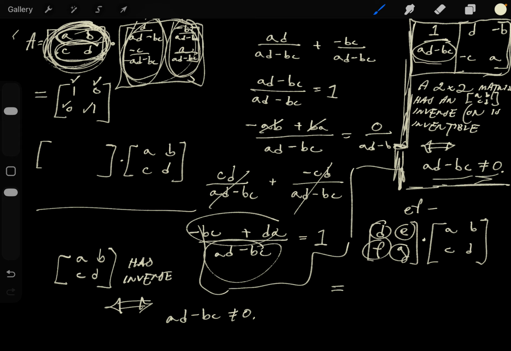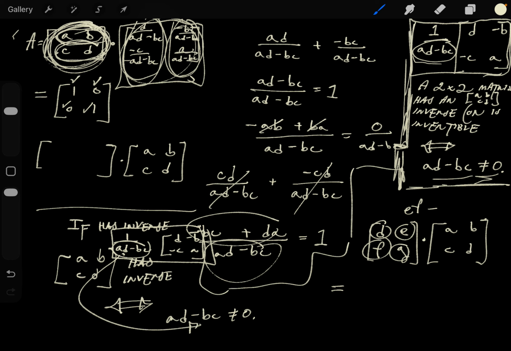The first one is that if it has an inverse, its inverse is 1 over (AD minus BC) times the matrix D, minus B, minus C, A. That's its inverse. So it must be that AD minus BC does not equal 0, because you can't divide by 0 even in this context.